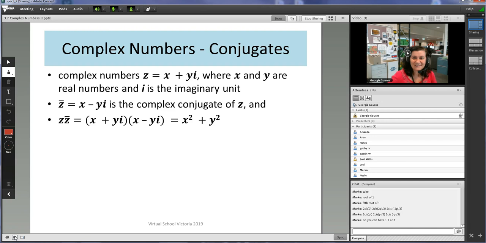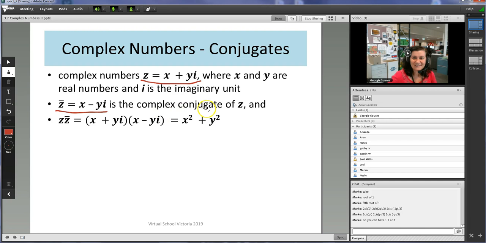Okay, so how we're going to use these two important facts. We're going to use them to factorize polynomials in the complex number system, and we're going to come up with a heap more solutions than what we would in methods when we're just confined to the real number system. So we've got all these different ways of representing complex numbers in Cartesian form. Z is equal to x plus yi. Its conjugate is equal to x minus yi.